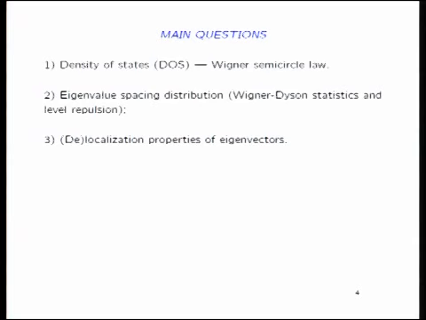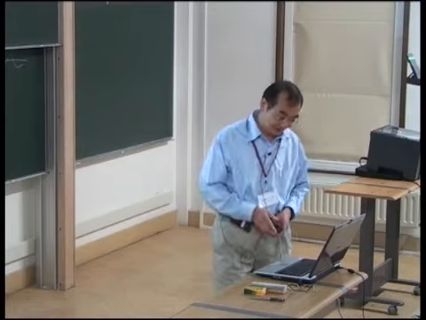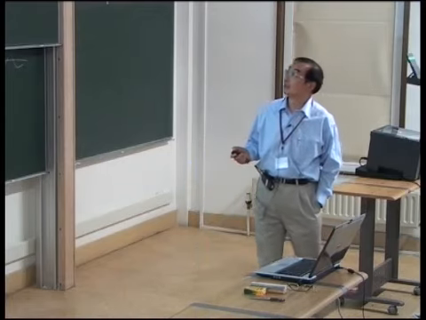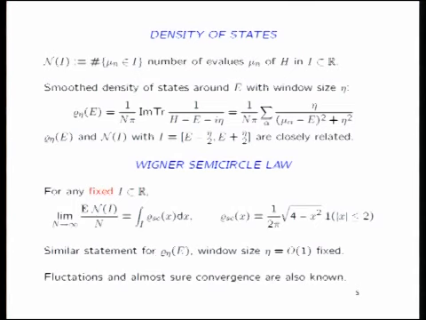this eigenvalue distribution has the famous Wigner-Dyson statistics, and there's level repulsion, and there's another question, which is whether the eigenvectors are delocalized. Let me say more precisely, give a definition of what we are talking about.